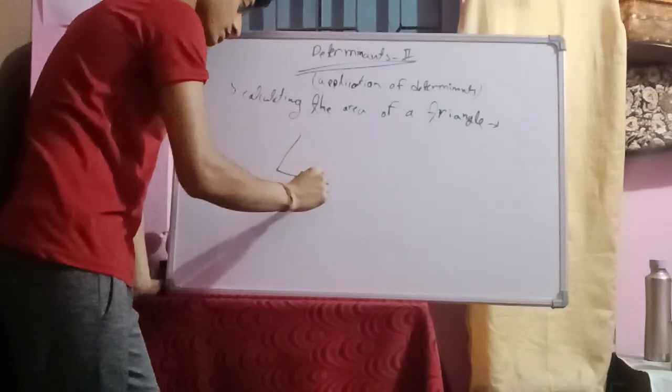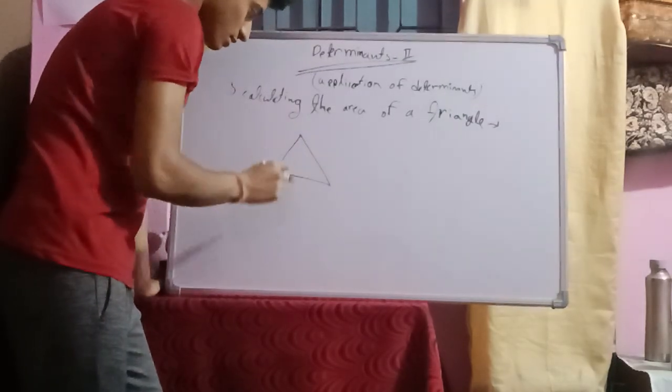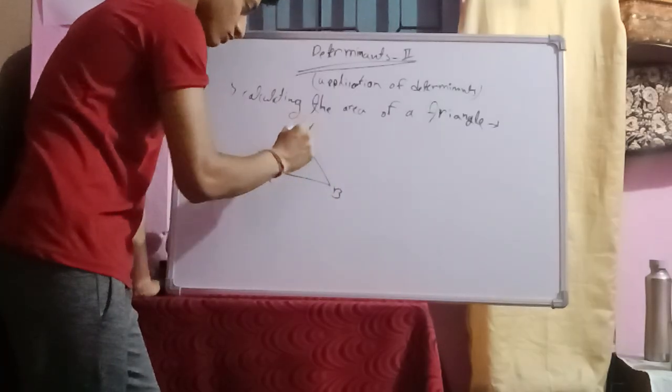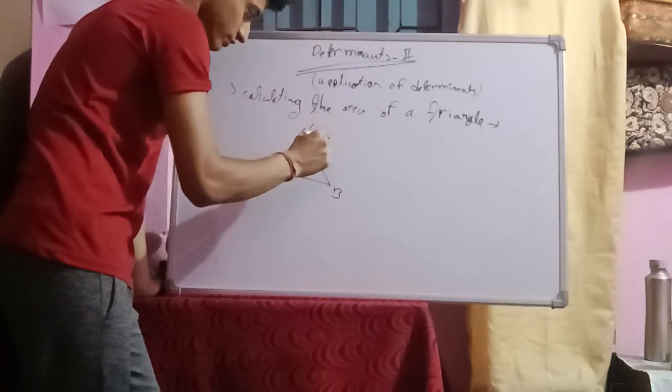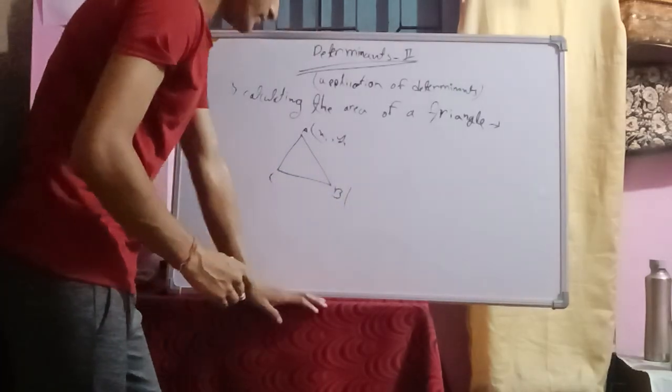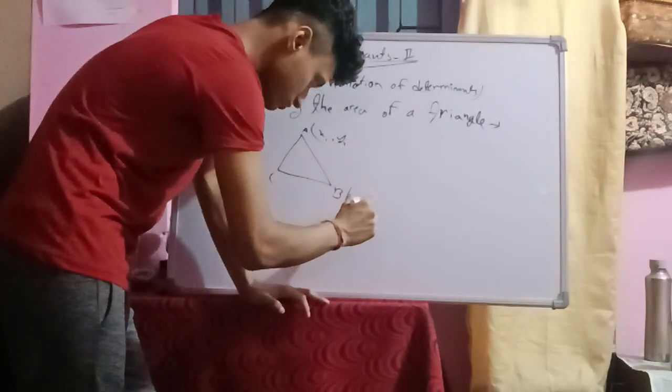Let's say we have a triangle ABC. The coordinates of point A are x1, y1. For point B, it's x2, y2.